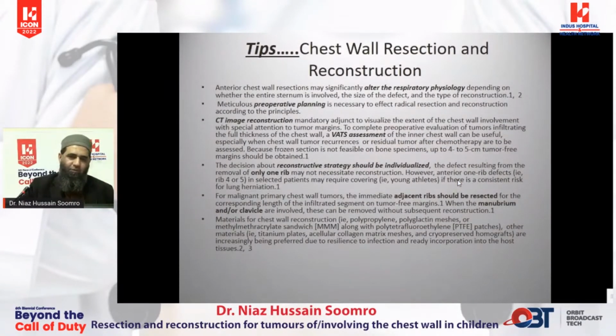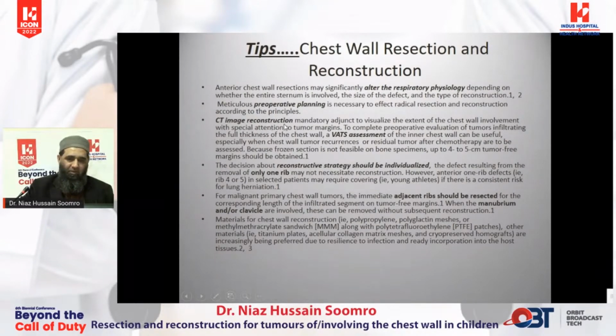These are a few tips of chest wall resection and reconstruction. Chest wall resection may significantly alter the respiratory physiology depending on whether the entire sternum is involved, the size of the defect, and the type of reconstruction. Meticulous preoperative planning is necessary to effect the radical resection and reconstruction according to the principles.